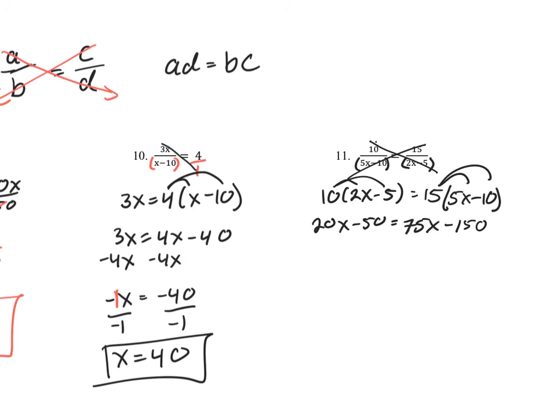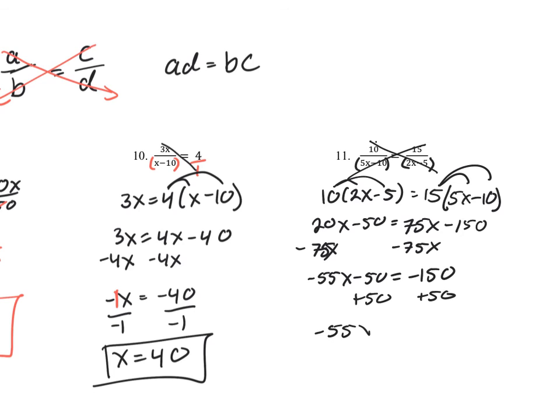Now we want to go ahead and solve. I'm going to subtract 75x from both sides because I like to put my x on the left-hand side, because that's where it needs to be for my final solution. We're going to end up with negative 55x minus 50 equals negative 150. Go ahead and add 50 to both sides. We'll get negative 55x equals negative 100.